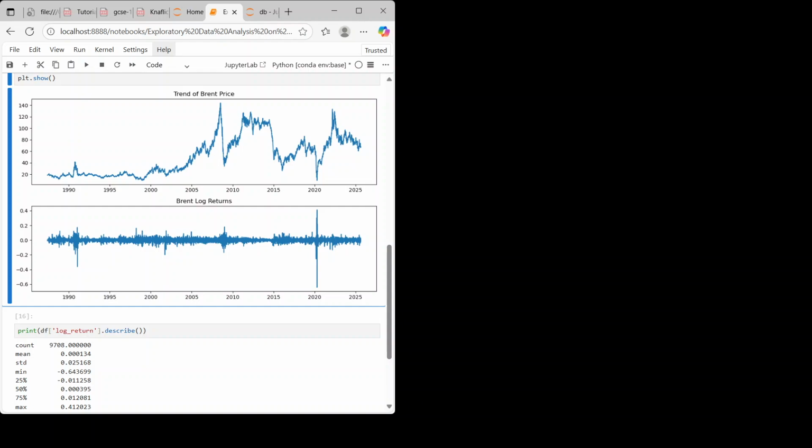So what exactly is the bigger story? Together, these two plots tell us a story of booms and busts driven by macroeconomic cycles. These cycles are based on macroeconomic factors sometimes out of our control, geopolitical tensions and all that.